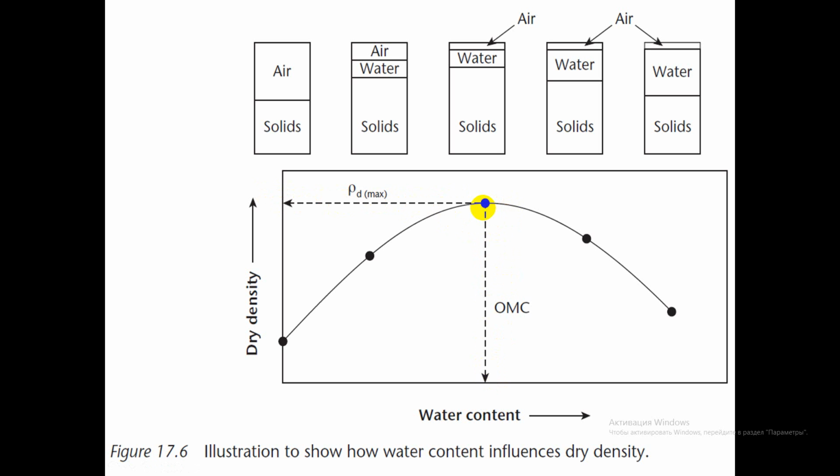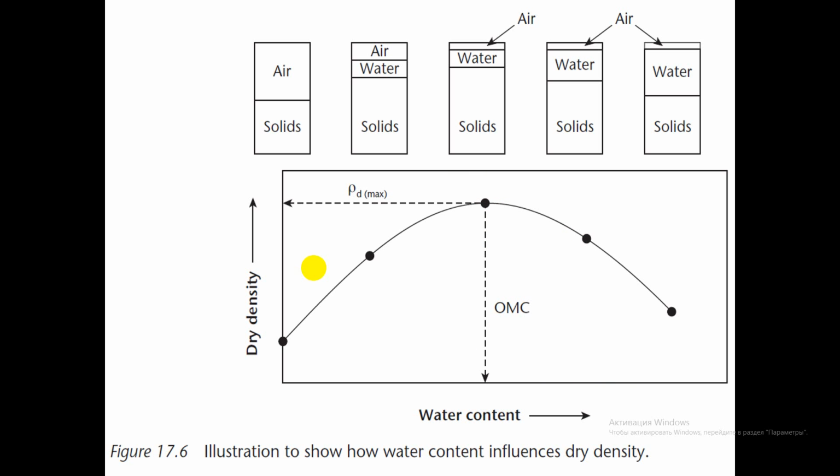A point to note is that optimum moisture content varies with the nature of the soil and compaction method. Heavy compaction plant produces a higher value of dry density at a lower optimum moisture content.